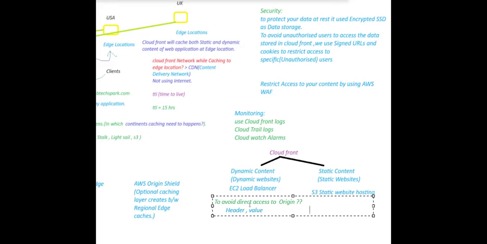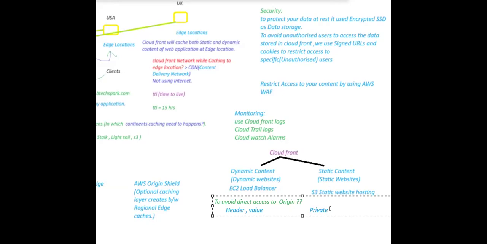So now, how do we avoid direct access to S3 static website hosting? How to avoid direct access to this origin, the S3 origin? In order to avoid this, we initially put our bucket under private.